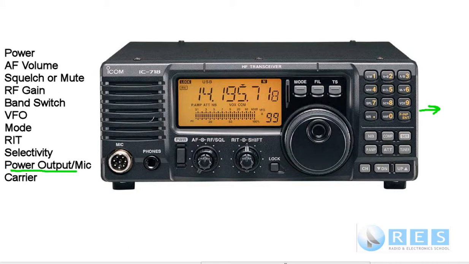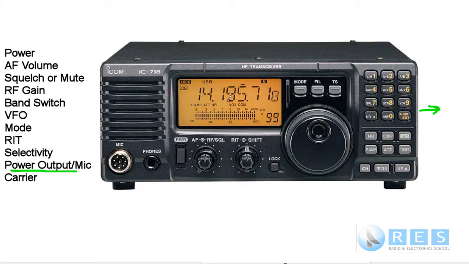On this radio, there is no obvious microphone gain. On most radios, you will find a knob which says microphone gain, which is also your power control on single sideband. On FM and other modes, the microphone gain or power output is normally adjusted by entering the menu system of the radio.